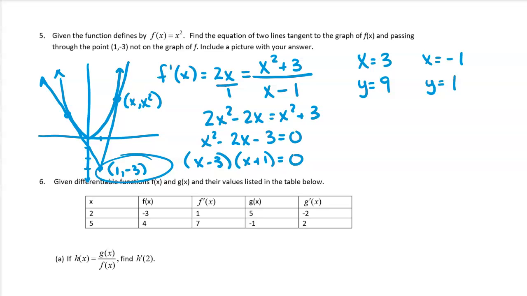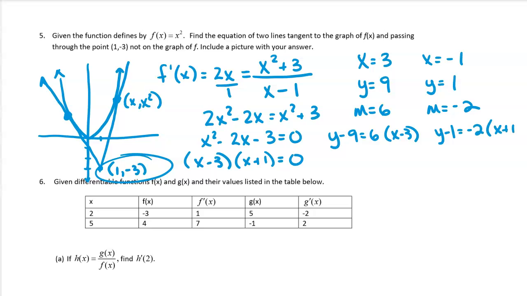If I use the 2 points here and here, that's fine too. You're going to get equivalent equations of lines. Here my slope is 6, 3 times 2, and here my slope is negative 2. So you can see just quickly y minus 9 equals 6 times x minus 3. Likewise, y minus 1 equals negative 2 times x plus 1.